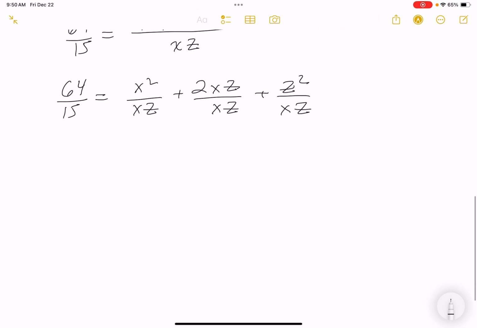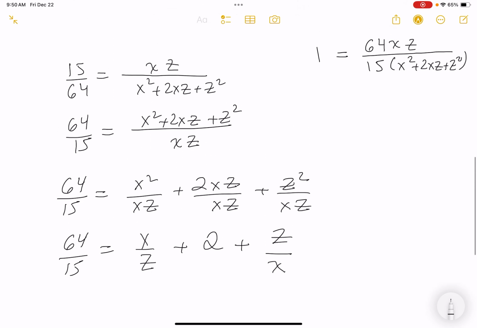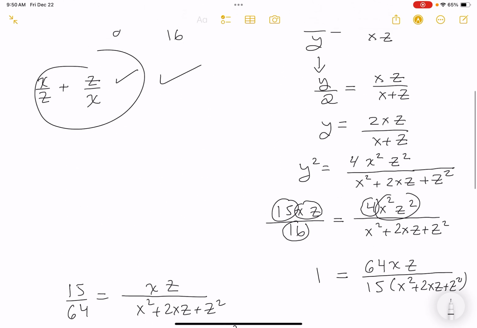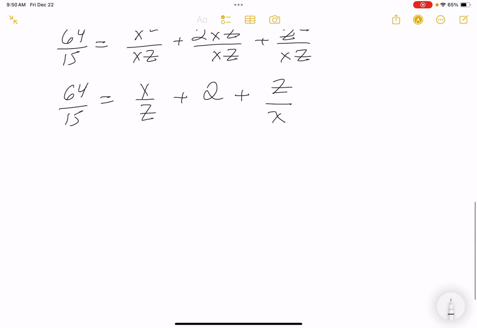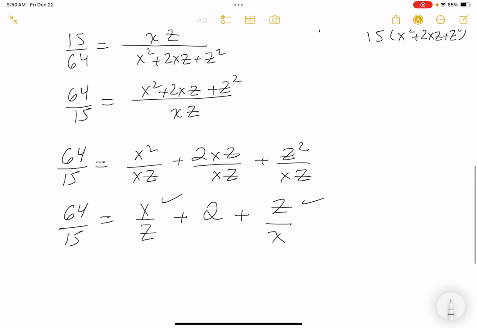I'm getting closer. 64 15ths equals, this will be x over z, this will be 2, this will be z over x. I want to point out what they wanted to know, though. They wanted to know this over here, x over z and z over x. They want to know that.